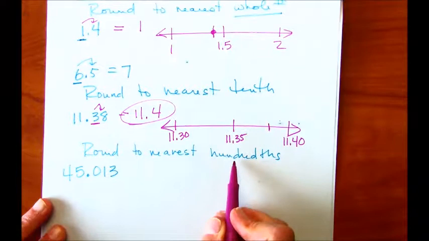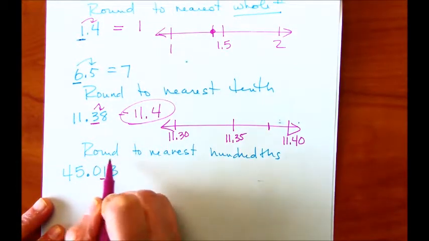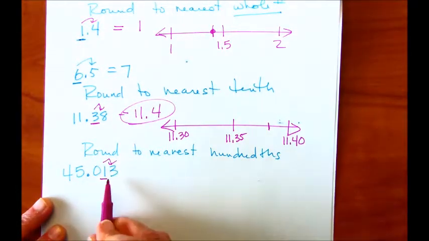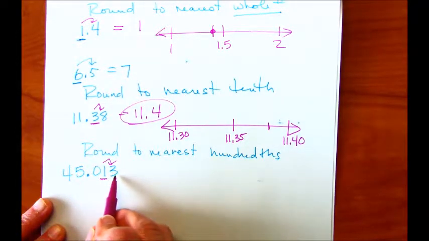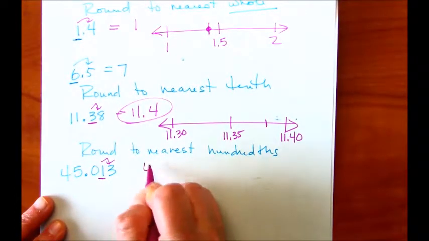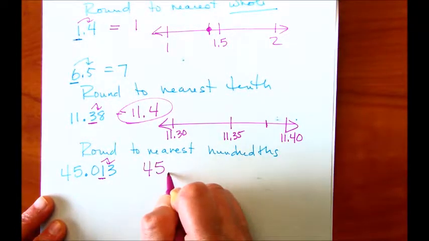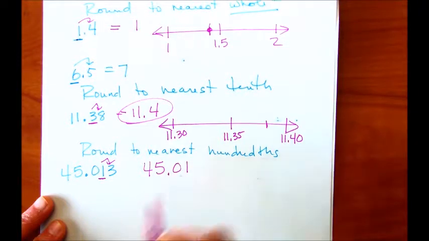So again, I want to identify the hundredths. It's this 1. I'm going to look next door. That 3 is less than 5, so I'm going to just keep it at that 1, and then I'm going to drop that 3. So it becomes 45 and 1/100ths.